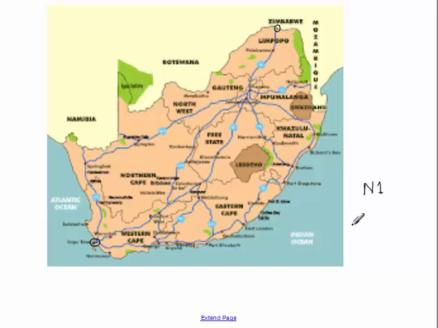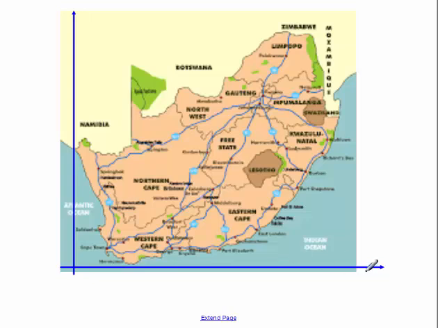So how does this link with parametric functions? Let's say on this map, let's impose a system of coordinates. In this case, you've got the x-axis and the y-axis. And we all know that in our system of coordinates, normally we plot curves or functions.